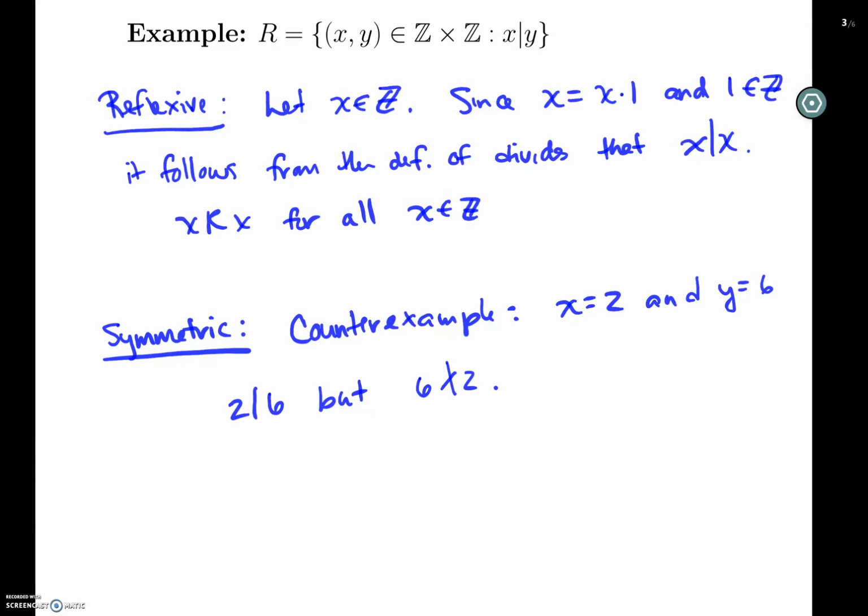Hence, in this case, 2 is related to 6, but 6 is not related to 2. So this relation is not symmetric.